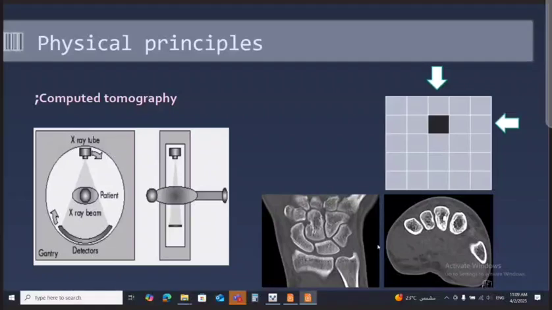And from the axial image, we can reconstruct the coronal and sagittal images. And so the physical principle of computed tomography is attenuation of the photons, and the images should be projected from all sides, from the 360 degrees, to create the axial image.